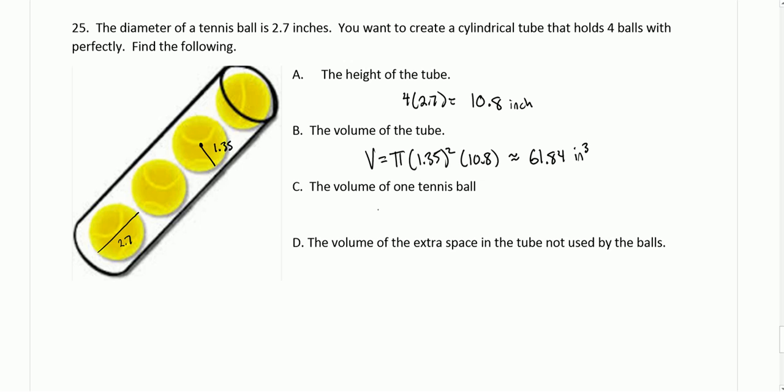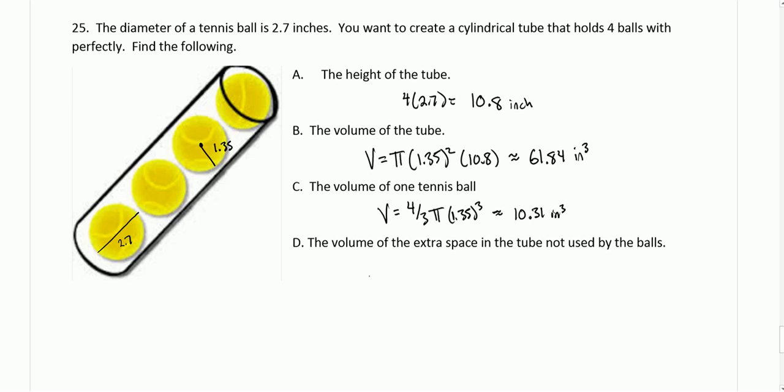The volume of one tennis ball is 4/3 pi times 1.35 cubed. And that is about 10.31. The volume of the extra space in the tube not used by the balls.